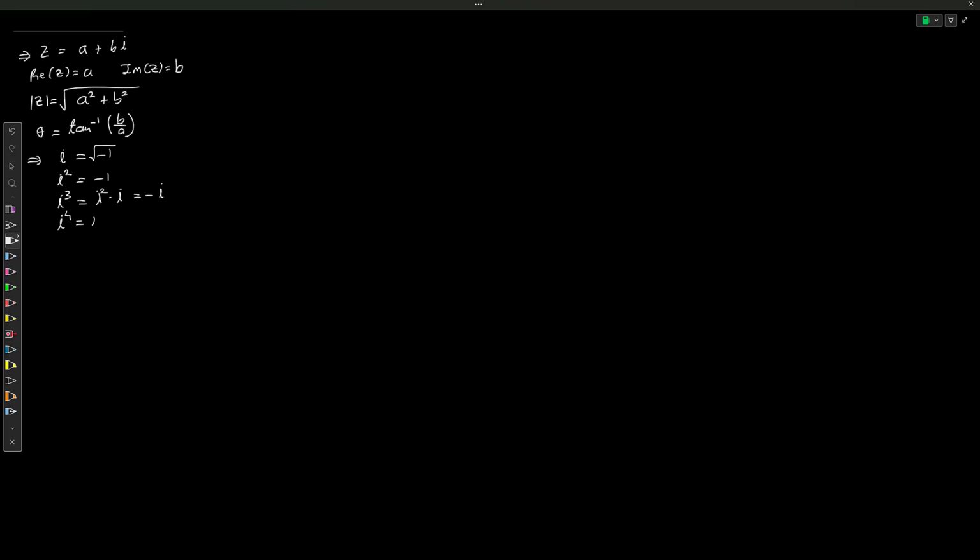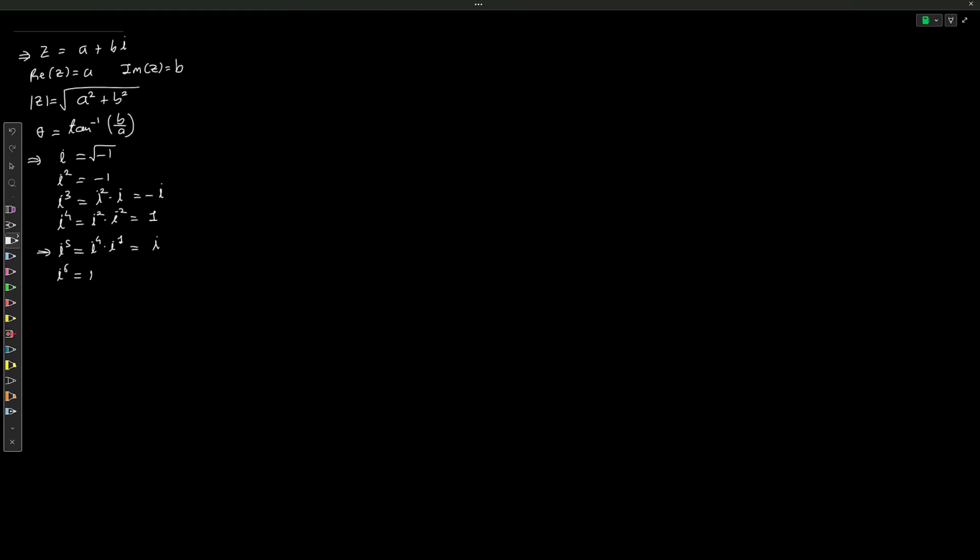Similarly, i raised to 4 is product of i square and i square, -1 times -1 becomes 1. Okay. Similarly, if you want to find out i raised to 5, split into i raised to 4 and i raised to 1. I raised to 4 is 1, so it is i.